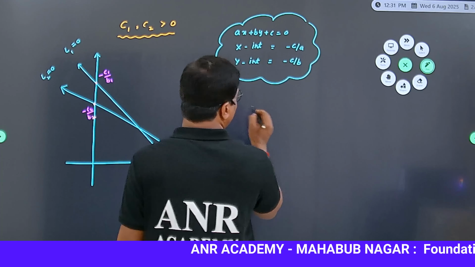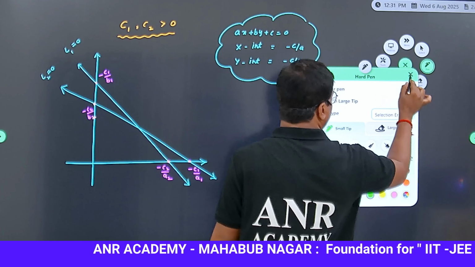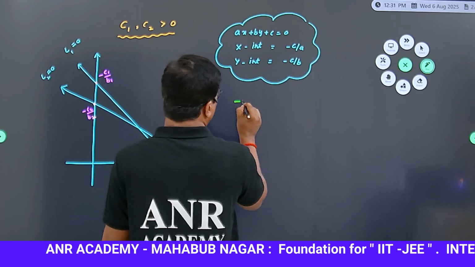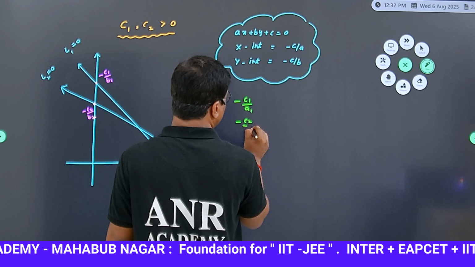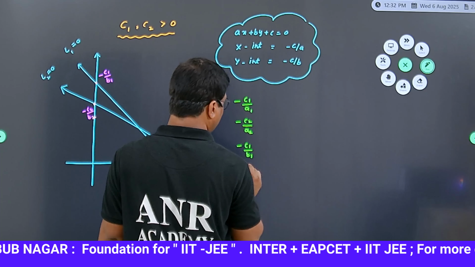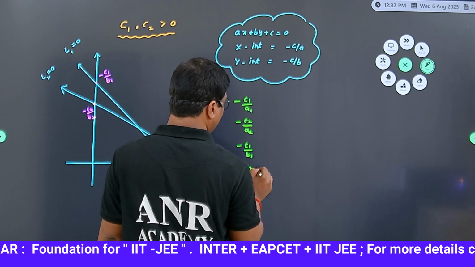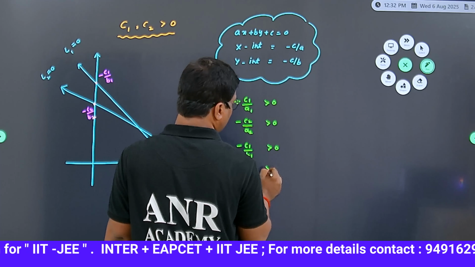So I am going to write the conditions here. In this case, minus c1 by a1, minus c2 by a2, minus c1 by b1, minus c2 by b2, all of them are with positive sign.